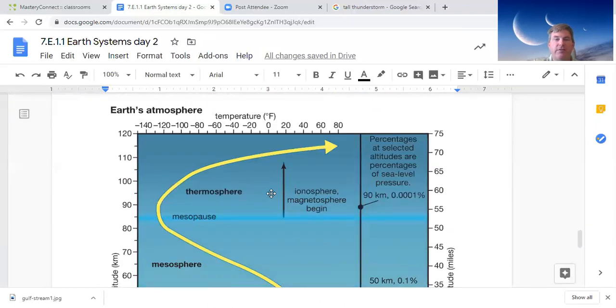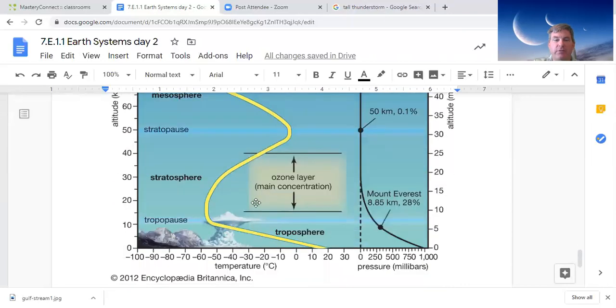So here's again, now this kind of tells you how things happen as we go up. Over here you see the air pressure. Air pressure starts down here at ground level, and we're just under 1,000 millibars, and drops and drops. Here's the temperature, it drops down to the tropopause.